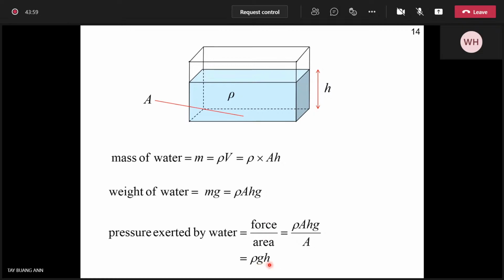Okay, so from this you can see, this is the pressure due to fluid. And the important thing is, you can see that density is the property of the material, g is also a constant, and the thing that changes is h. Because h will determine how much weight will exert on the given area. If you have more water, the depth is larger, then there is more weight acting on the surface area.